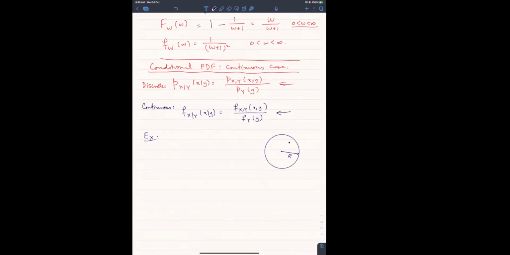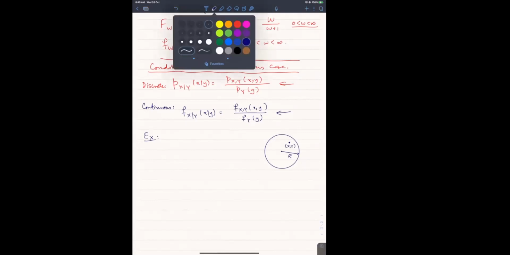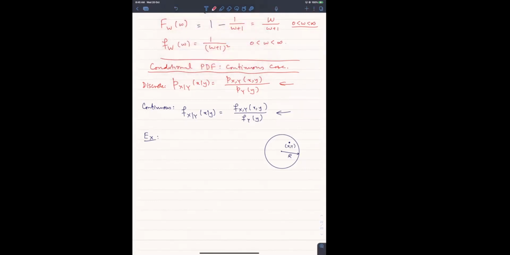ये कोई point आपने choose कर लिया इसके ऊपर x, y. So there is some x value and then there is some y value इसकी. And x and y can also be negative.